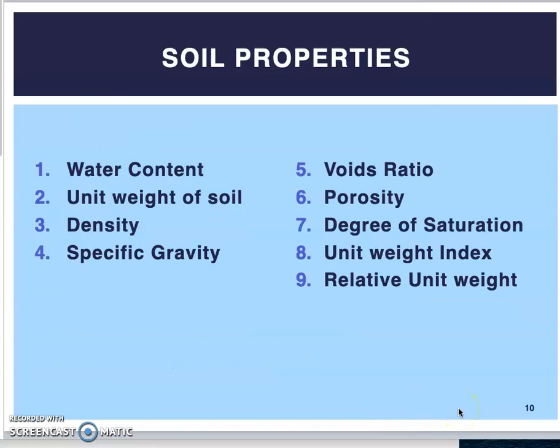Going ahead with the presentation, the next topic is soil properties, and these are the properties that we are going to evaluate in depth. Water content, unit weight of soil, density, specific gravity, voids ratio, porosity, degree of saturation, unit weight index, relative unit weight. Now all these properties we are going to understand, and also try to understand how they are interlinked with each other, right?